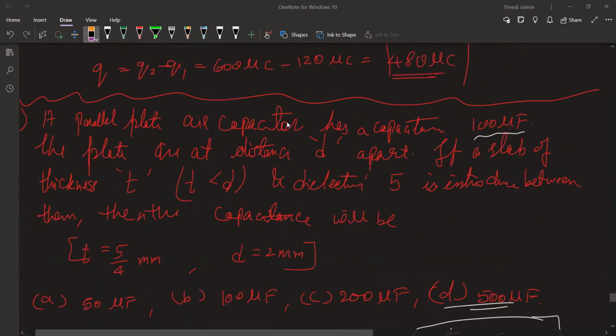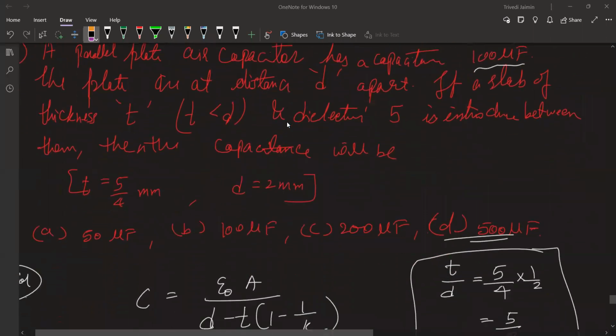That is for fixed dielectric, into a distance between them. So, if a slab of thickness T, and T is less than the distance, it is not exactly equal to distance.